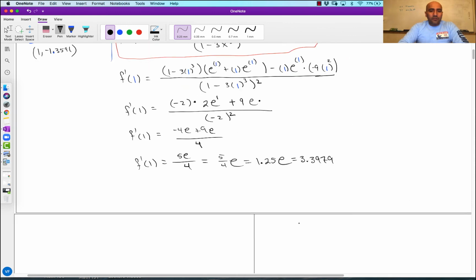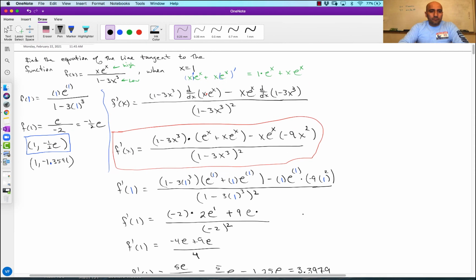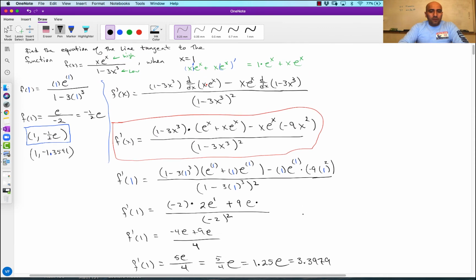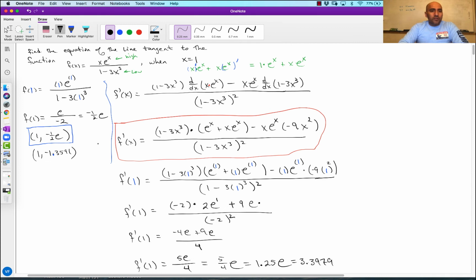Okay, so we're almost there. Let's get back to the original question, though. The original question said, find the equation of the line that's tangent. And so far, we have found two things. We have found a point that's on the line, and we have found the slope of the line tangent at that point. So we bring those two things together to give us our final answer.